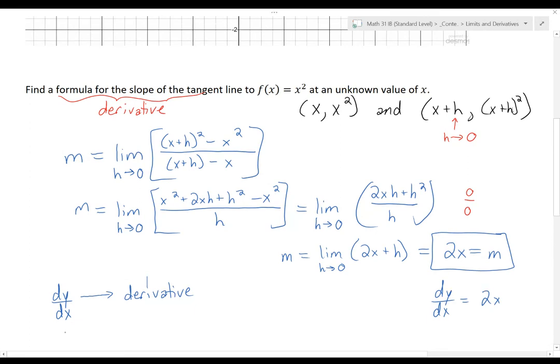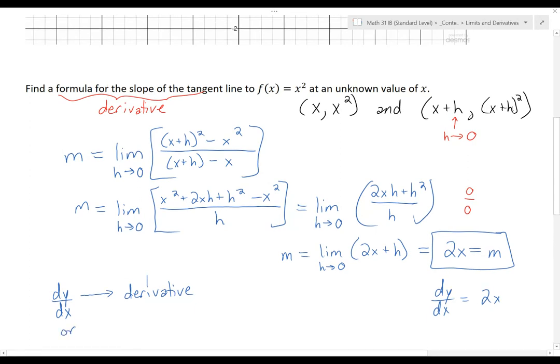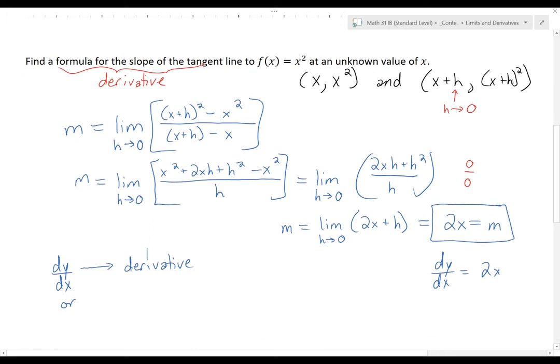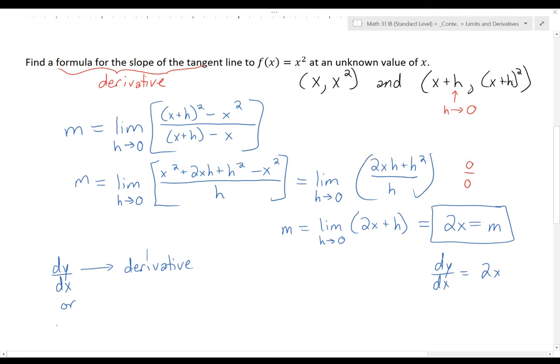The other notation, so that first one is what's called the Leibniz notation. It was the notation used by Leibniz, who was the German mathematician who developed a lot of these techniques. And then there's the Newton notation. Isaac Newton also developed many of these techniques concurrently in the UK. And so that notation is a prime notation, so f prime at x.